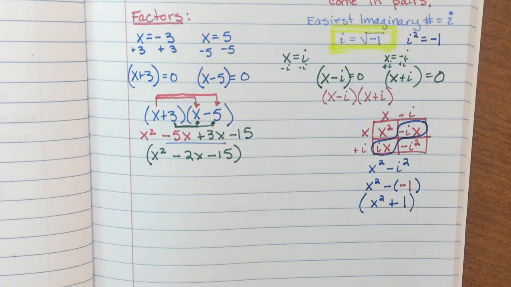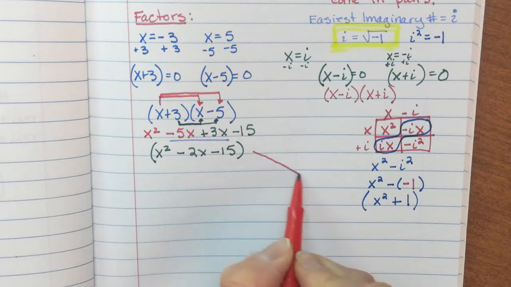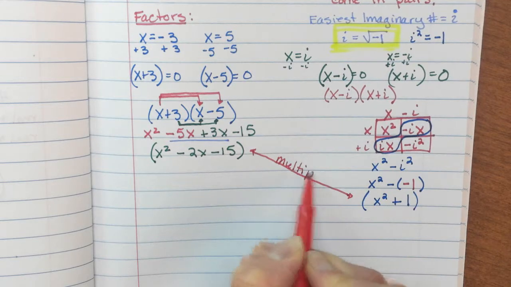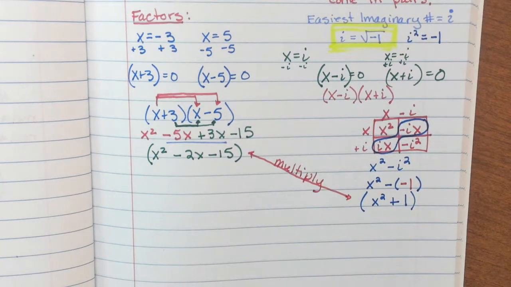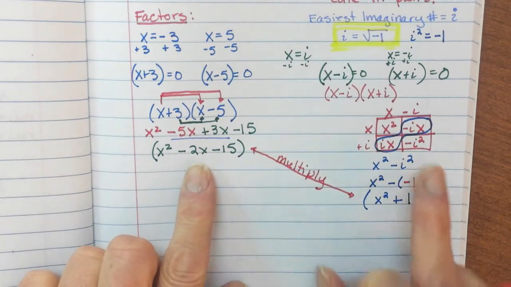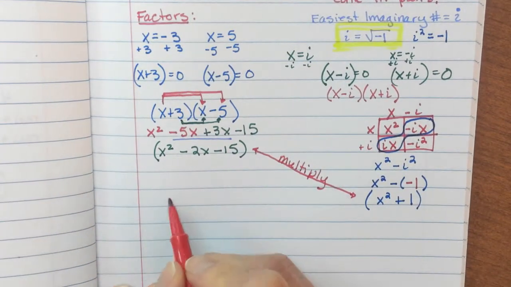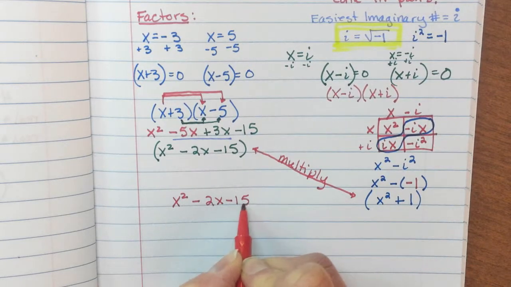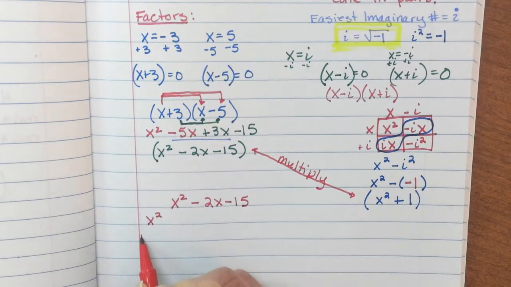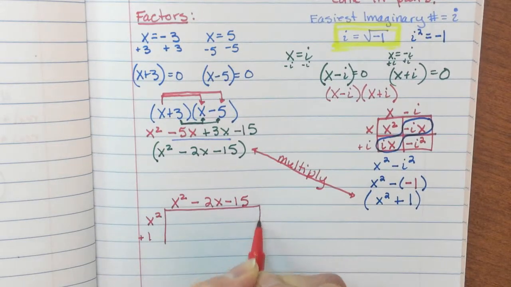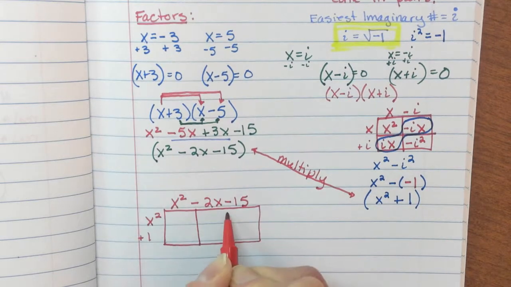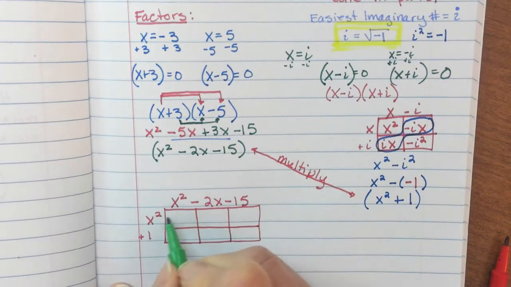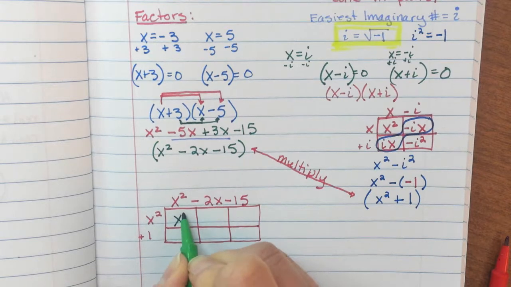Now I have to multiply these two factors together. It's easier if I have a binomial and a trinomial to use the box method. So I'm going to set it up as a box: x squared minus 2x minus 15 and x squared plus 1. x squared times x squared: multiply same base, add exponents.